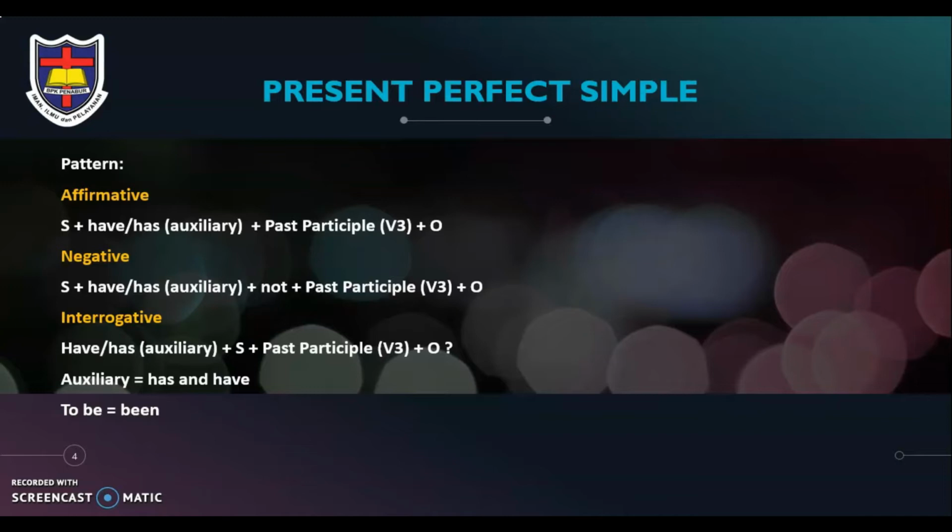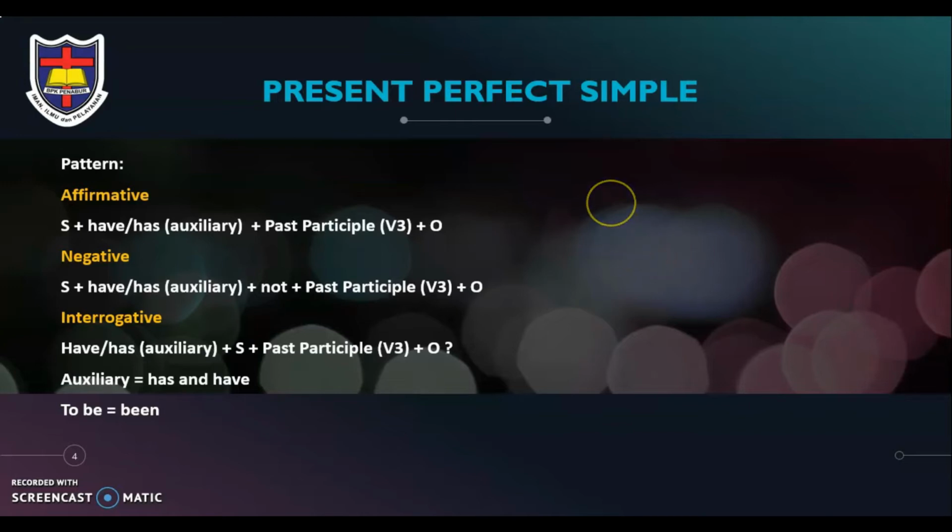A verbal sentence has a true verb, like these patterns, but a non-verbal sentence doesn't have any true verbs. You will always have to be as an auxiliary in non-verbal sentences. I'm going to show you later on the next slide.